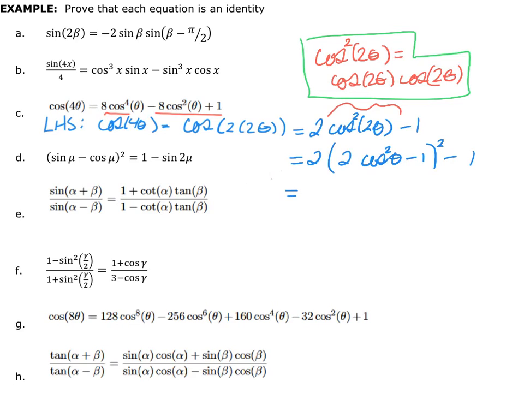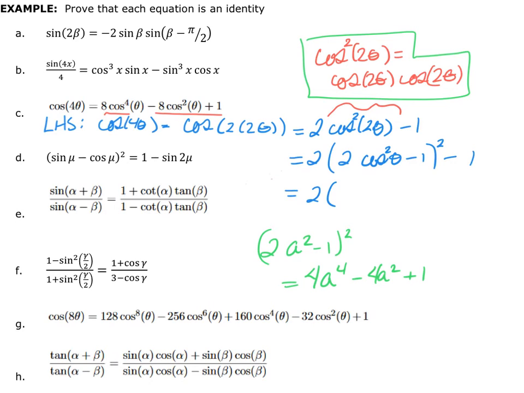So then this is going to be equal to, and what I'm doing here is I have something that looks like 2a squared minus 1, the quantity squared. Using the fact that it's a perfect square trinomial, it'll be 4a to the 4th minus 4a squared plus 1.